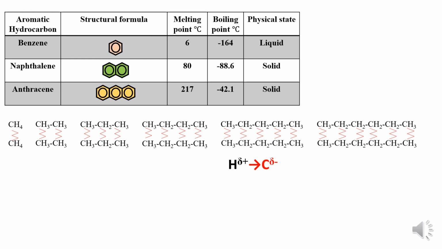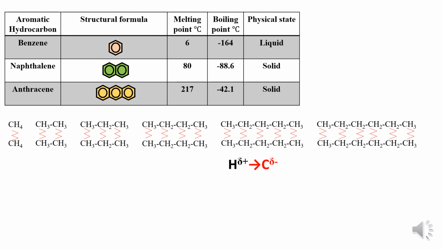Now in the aromatic ring, each corner represents a carbon atom covalently bonded to a hydrogen atom. Now, definitely there is a difference in the electronegativity between the carbon atom and the hydrogen atom. Though the difference is not too much, but there is a difference.